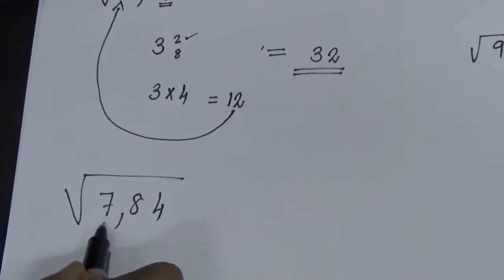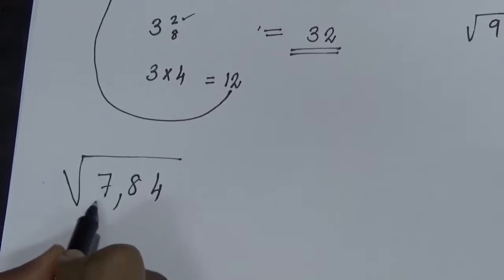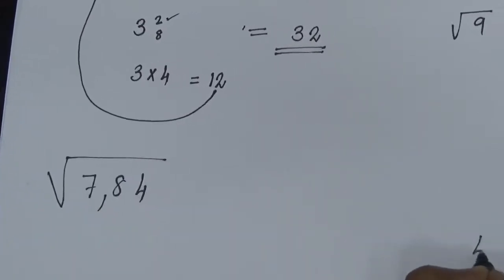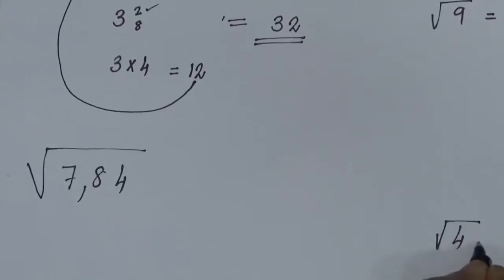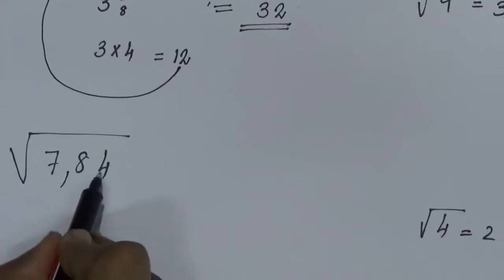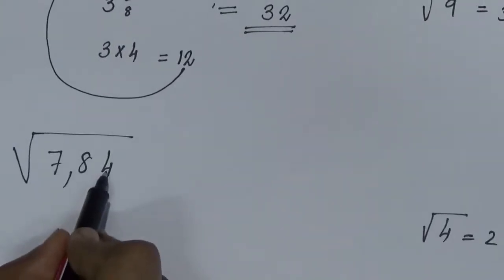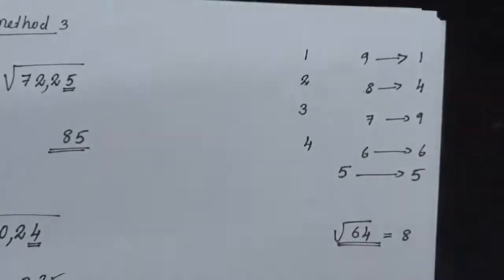Which is the perfect square less than this 7? It is 4. Now the square root of this 4 is 2. So you write 2. Now here we have the units place number 4, which corresponds to 4. We have two numbers 2 and 8. Write those two numbers 2 and 8 here.